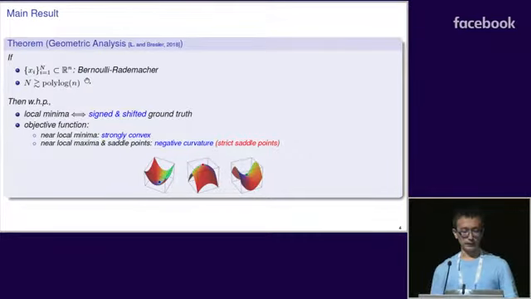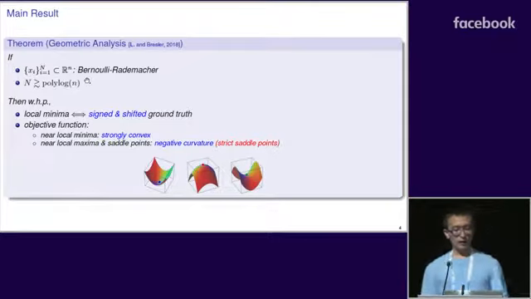Our main theorem says that when Xi's follow a Bernoulli-Rademacher model, and we have a sufficiently large number of channels, then every local minimum of the objective function is a signed and shifted version of the ground truth. We also show that near the local minima, the function is strongly convex, and near other stationary points, which we call strict saddle points, there is negative curvature.